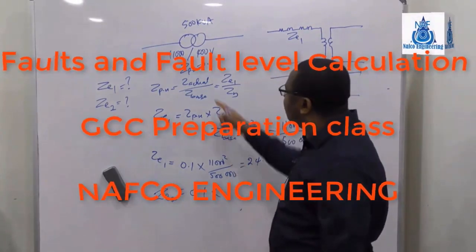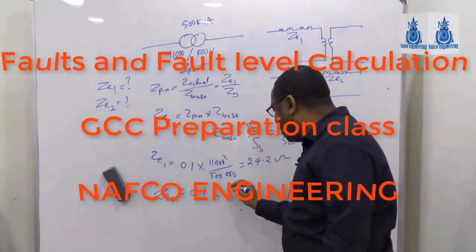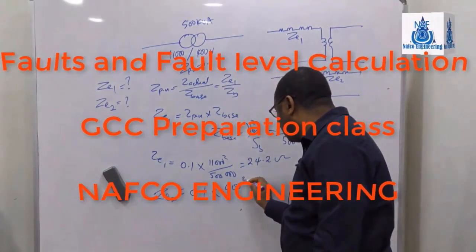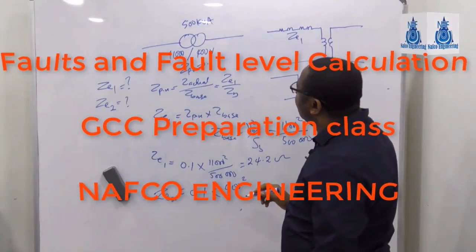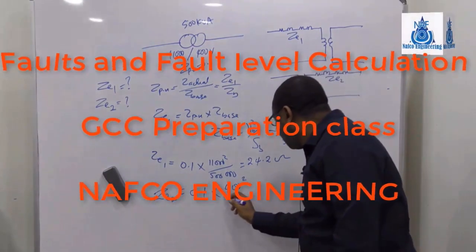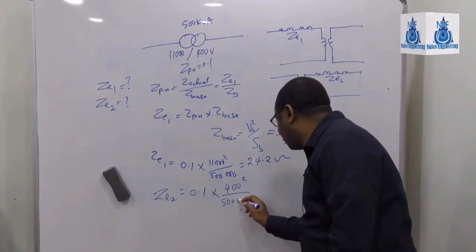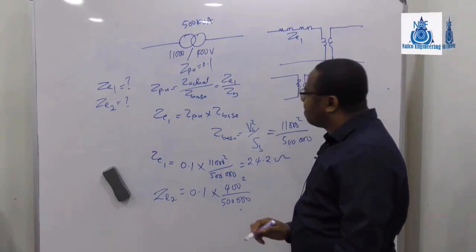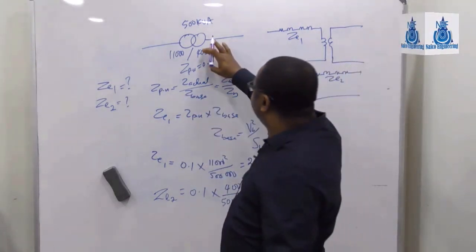The same thing, Z equivalent 2, that is on the secondary side, will be 0.1 times V squared. We are using the voltage there. That's 400 squared over 500,000. I think from your book, this is 440.